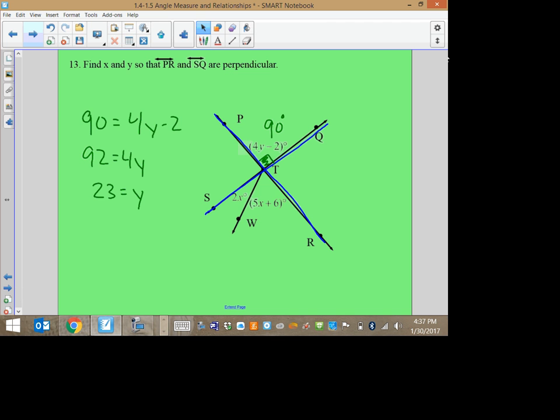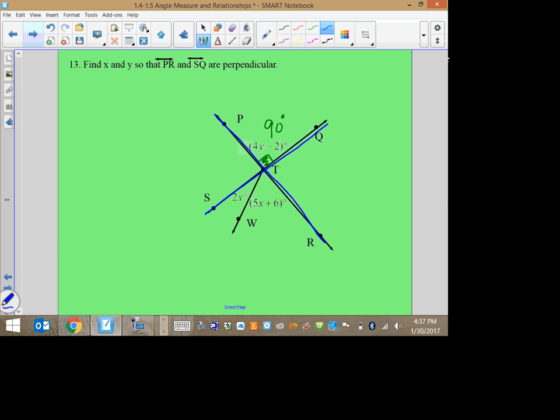Now, we also want to solve for x. We know that not only is angle PTQ a right angle, but also STR is a right angle. So this has to be 90 degrees. We know that that is also 2x plus 5x plus 6.